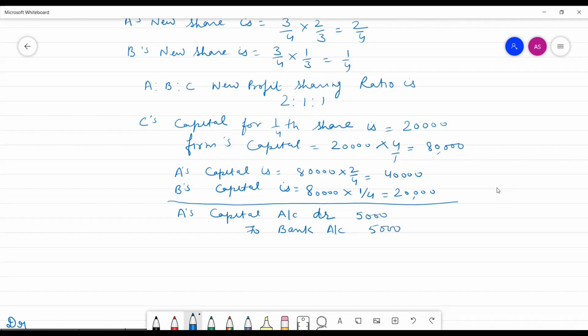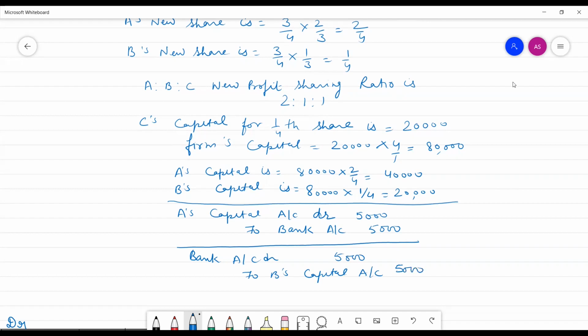And B would bring 5,000. The entry would be bank account debit to B's capital account, that is 5,000.